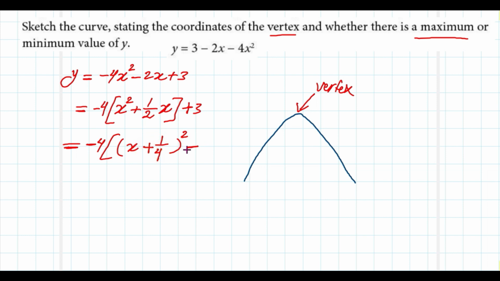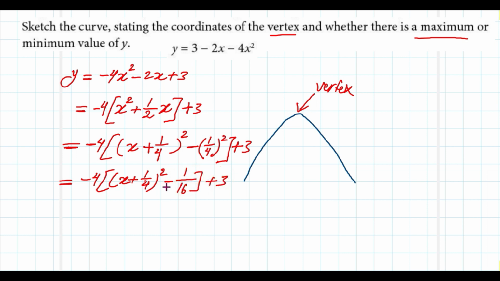At the outside, you need to subtract the square of 1 over 4. Then close the square bracket, and then we have plus 3. Now we do further simplification. So it's -4 times x plus 1 over 4 all squared, then minus 1 squared is just 1, then 4 squared is 16, plus 3.